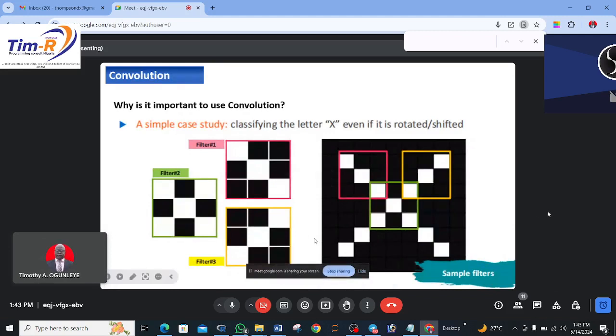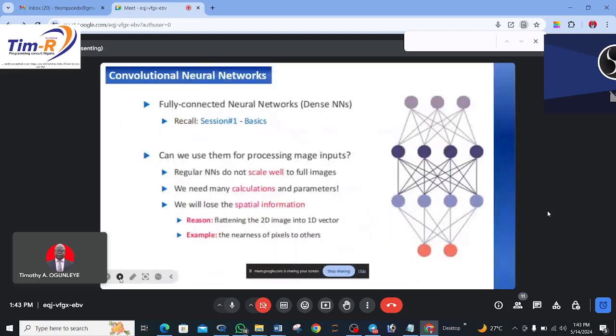So that's one thing about convolution. No matter how we change, or if the pixel representation changes, it still keeps the feature intact.